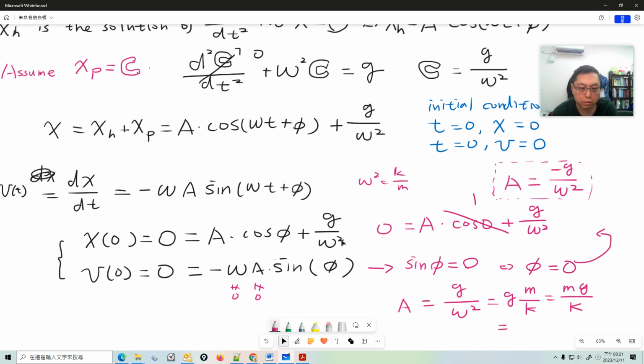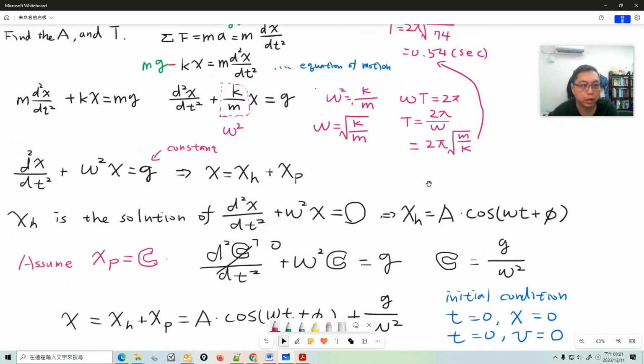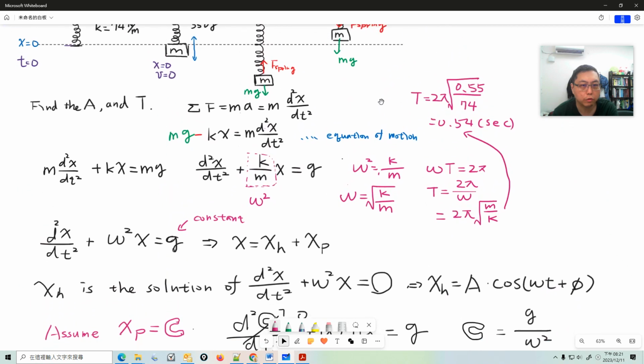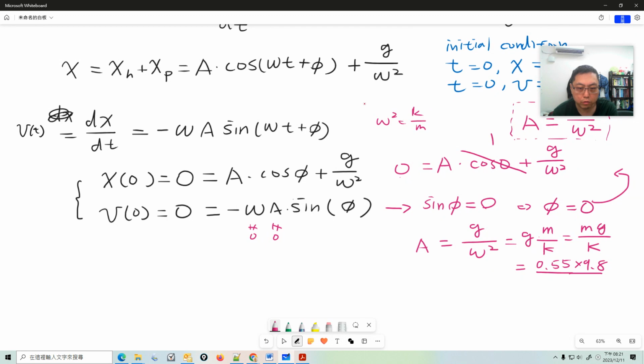The mass is 0.55, times 9.8, and k is 774.